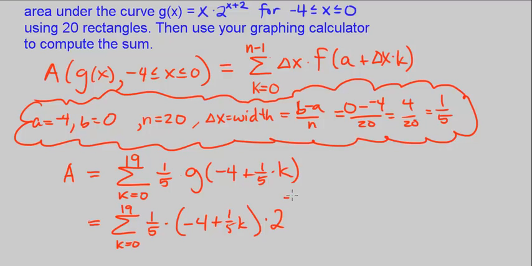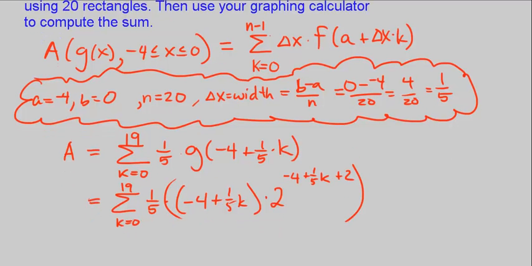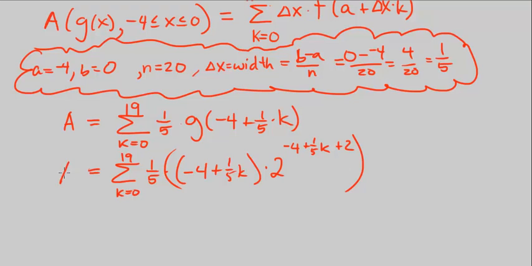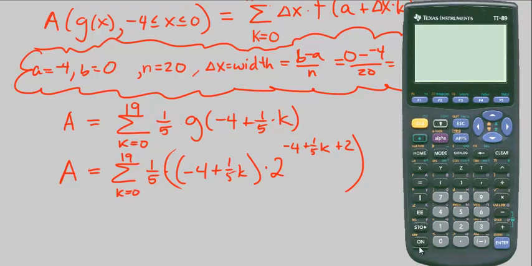Well, x is -4 plus 1/5 k plus 2. So there's our area as a Riemann sum.